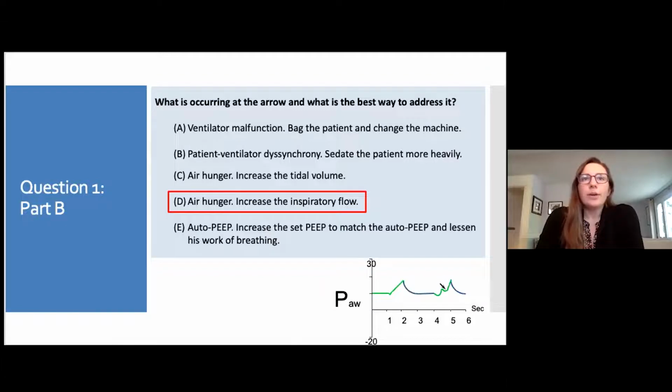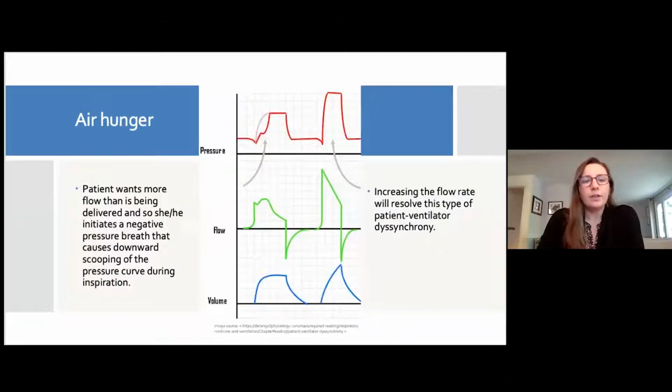So let's first talk about air hunger. Air hunger occurs when the patient wants more flow than is being delivered. As you can see in the pressure waveform, which is red at the top of the screen, in the first breath that's delivered here, there's a gray arrow pointing to a downward deflection during that delivered breath. That downward deflection is the patient trying to breathe during the delivered breath.